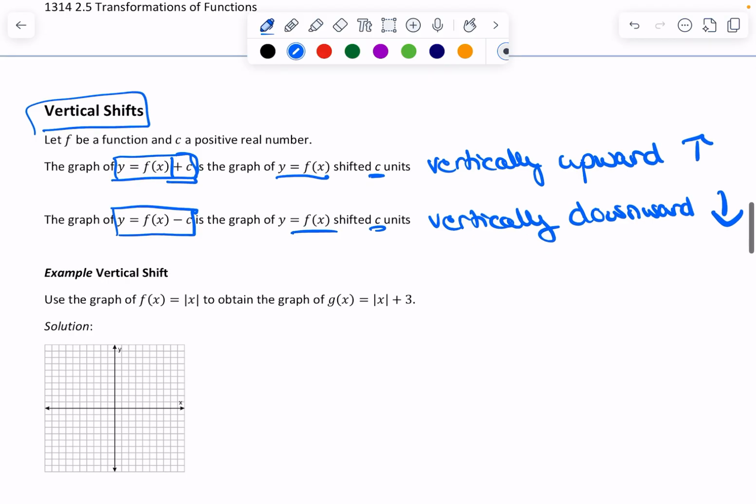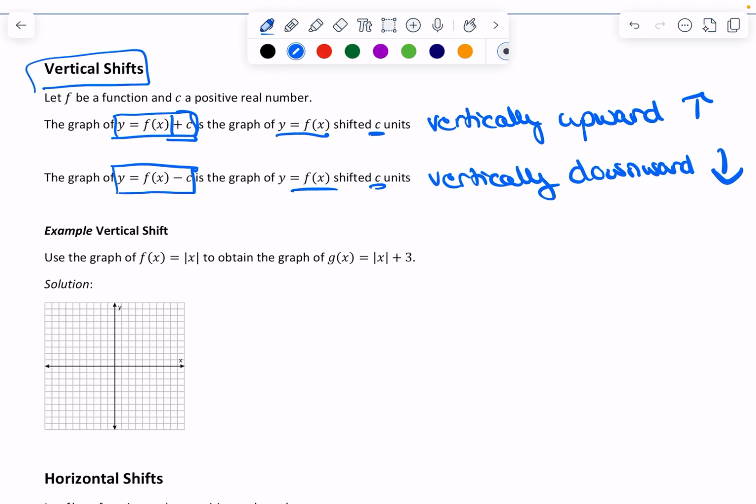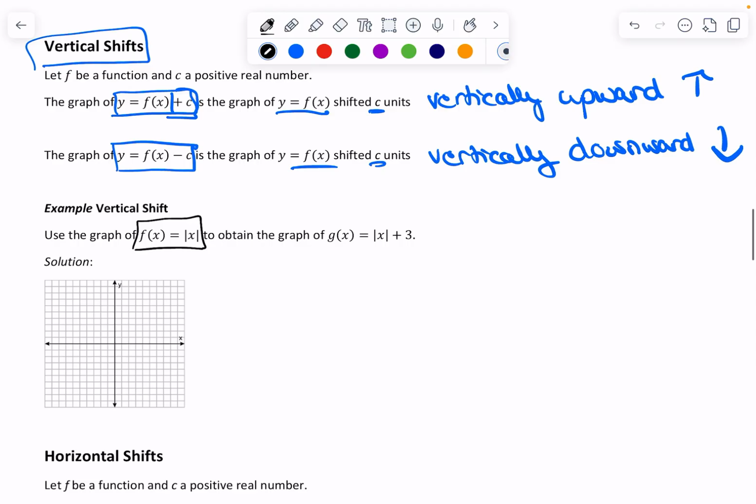So if we look at an example of the vertical shift, when we're looking at the vertical shift, we do start with the parent function. So our parent function is the absolute value function. And we already had it graphed. We can also just graph it right here.